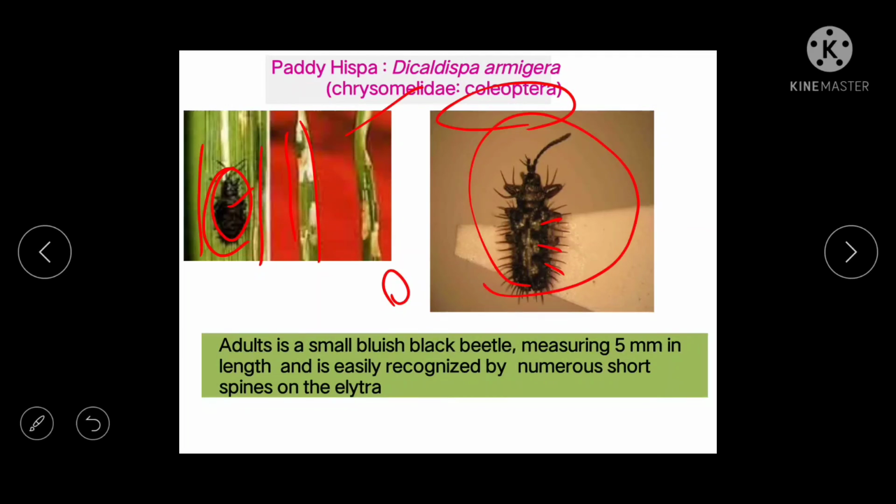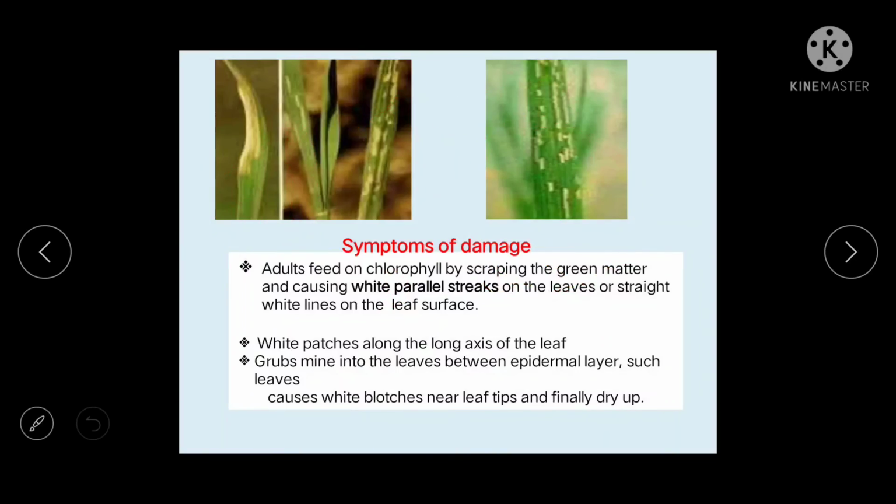The adult is a small bluish black beetle measuring 5 mm in length and is easily recognized by numerous short spines on the elytra. Next, symptom of damage. Here is one important damage symptom you have to remember: they cause white parallel streaks, or straight white lines, on the leaf surface.